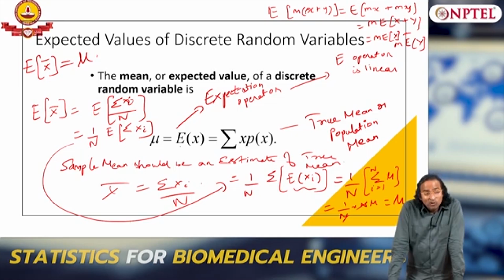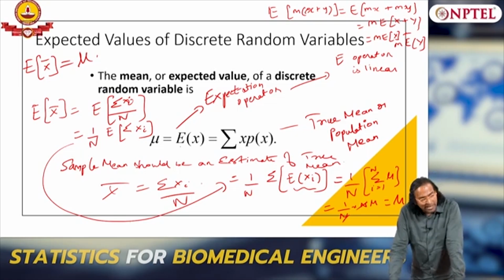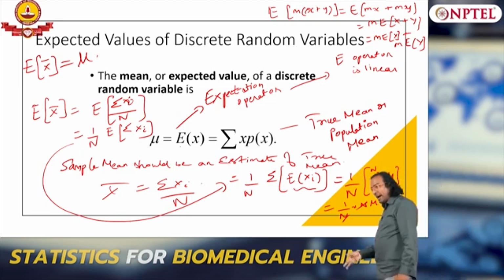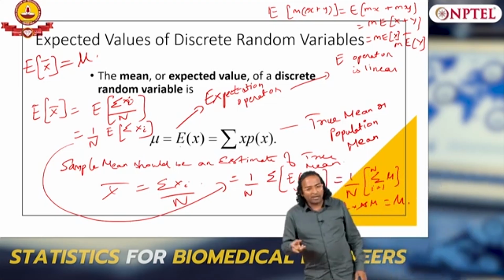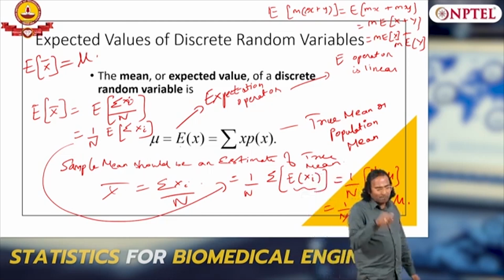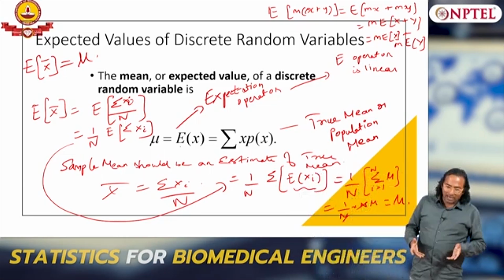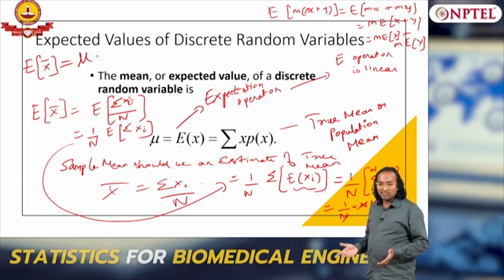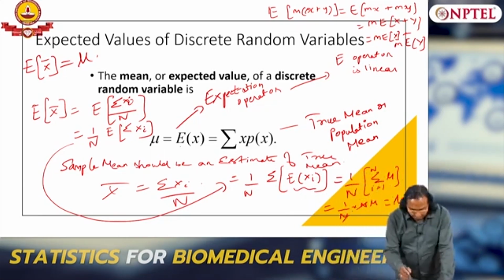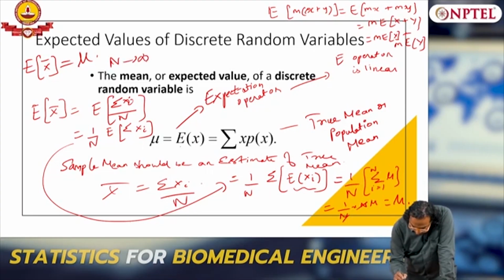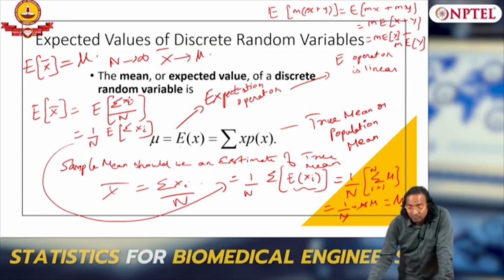When n tends to infinity, very simple, because expectation of x bar is mu, and expectation itself is values multiplied with the probability distribution, and probability is nothing but limit n tends to infinity of n of A by n. So the condition is when n is large, or n tends to infinity, x bar tends to mu.